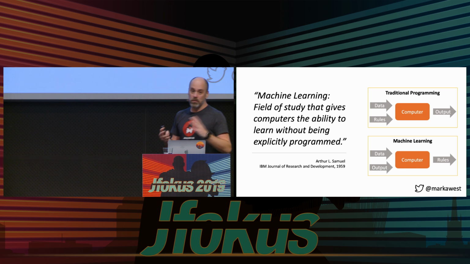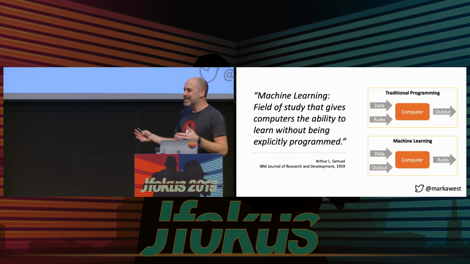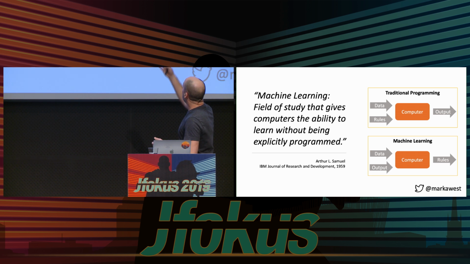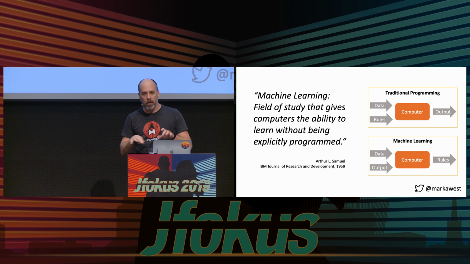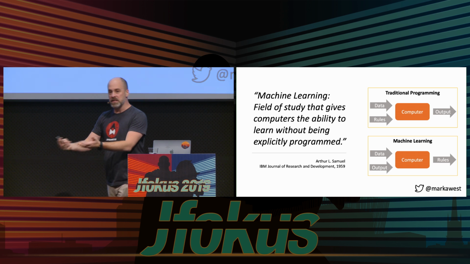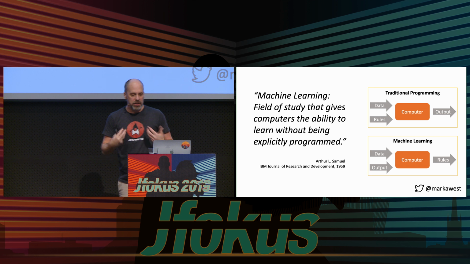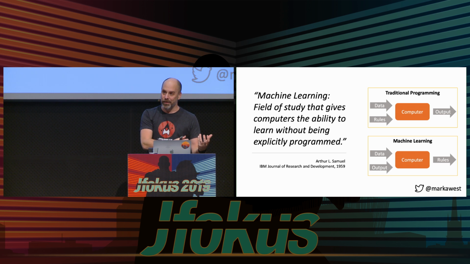So in the old days, or not in the old days, but what we do now is we as developers have our data, we look at our data, we write rules based on our business knowledge, and we feed the data and the rules into our system and it gives us output. But with machine learning, you give the data and the output to the machine, and you allow the machine to find the correlation between those two. And then the machine will give you the rules.